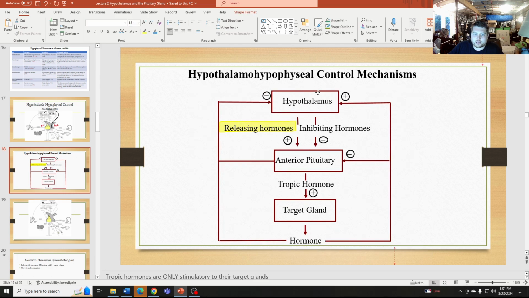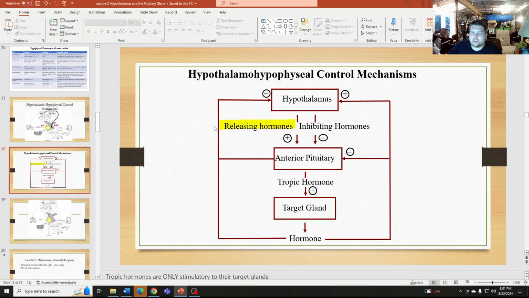If we can understand this right here, the flow of hypothalamus, what is released from the hypothalamus that either activates or inhibits the anterior pituitary to release another hormone to go to the target gland, that goes into the blood, which then we can identify and process and either turn off or on the hypothalamus, releasing that hormone again.